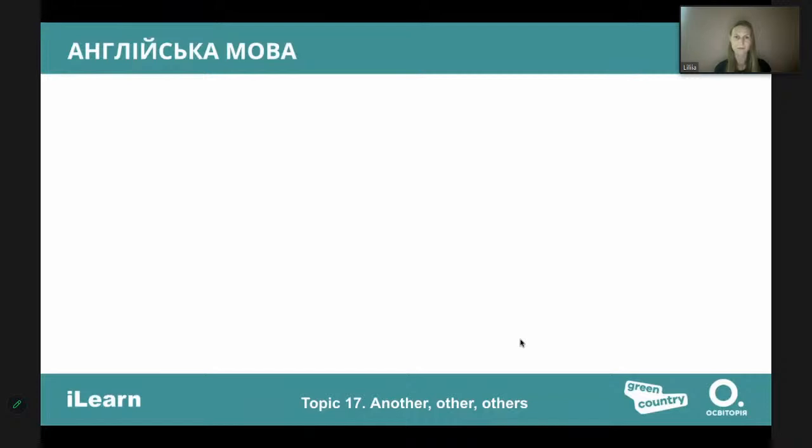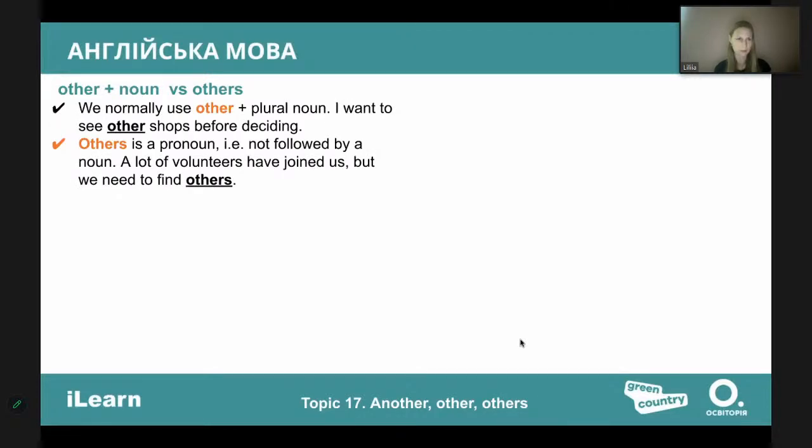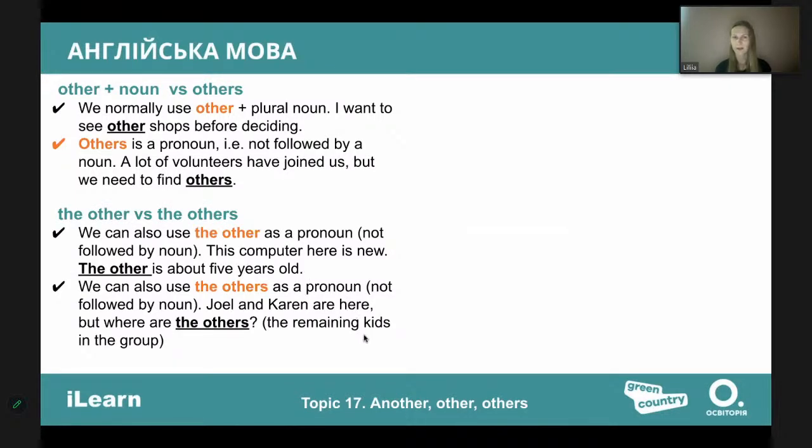All right. So here, let's have a look at other rules. Normally, we use other plus plural noun, but others is a pronoun, so we don't need a noun afterwards. The other and the others. Here, we use them as pronouns, but if we specify that not any other works for us, but only that specific, or only if we choose out of two.